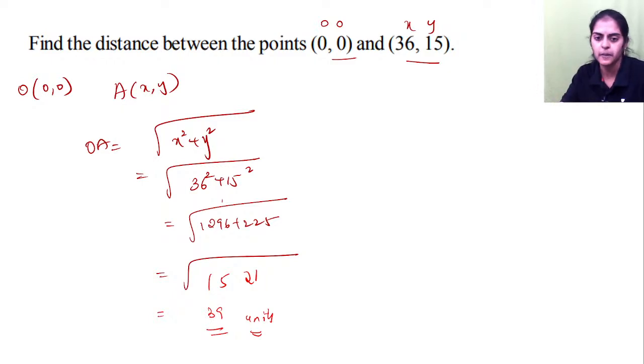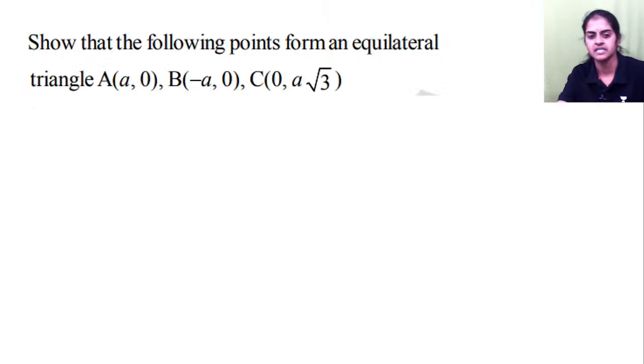Okay, beta. See the next question. Show that the following points form an equilateral triangle. You have to show that these points form an equilateral triangle. So how can we do this? I will give you 2 minutes.